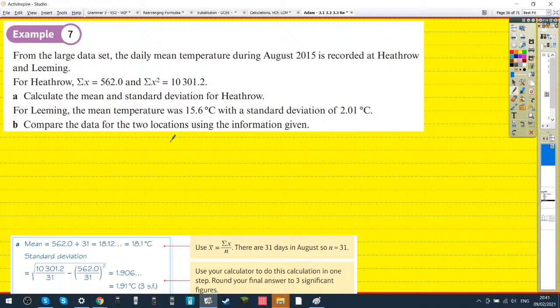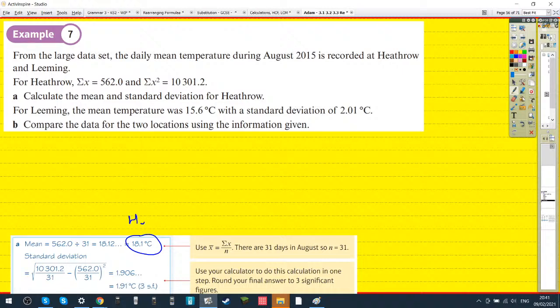Okay, so we want the mean for Heathrow, which is 562 divided by the number of days. 18.1.